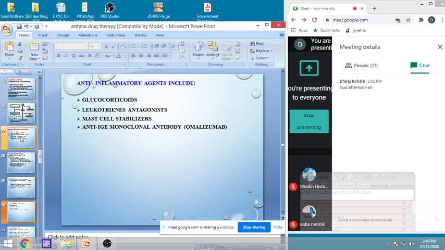We shall see the mechanism of action of these various drugs, how they are acting, and for that you must understand a few things. You have studied autocoids, isn't it? So please go through the mechanism of autocoids, what happens to prostaglandins, what happens to leukotrienes from arachidonic acid.